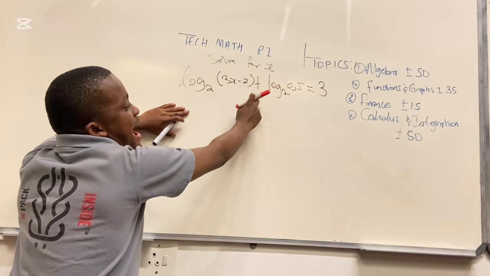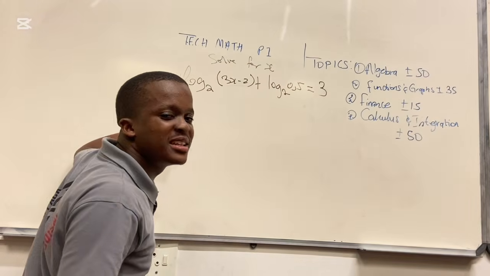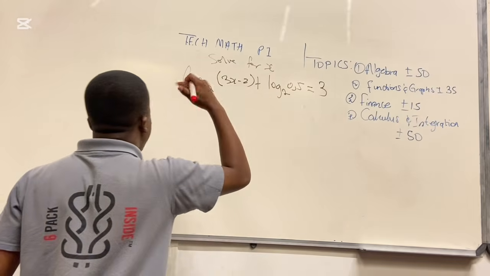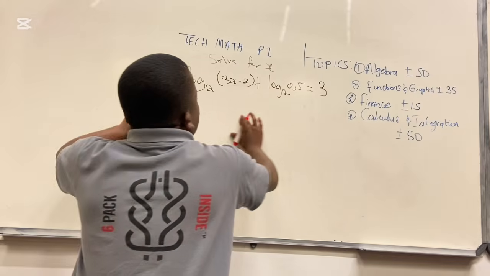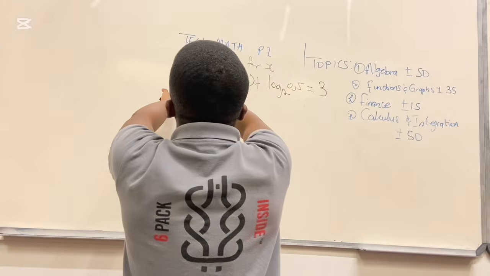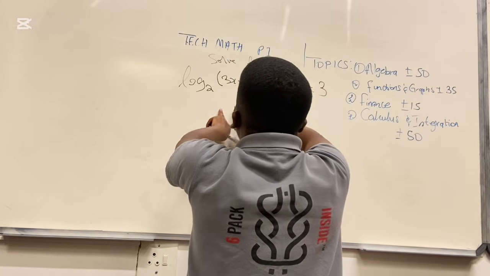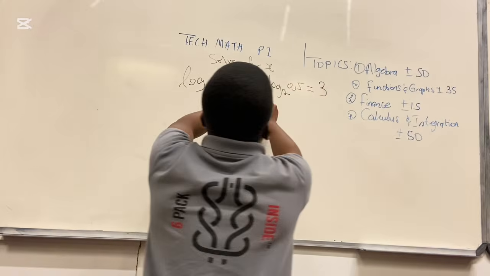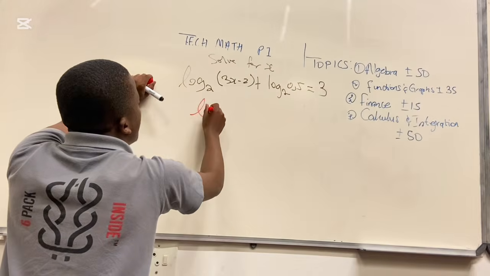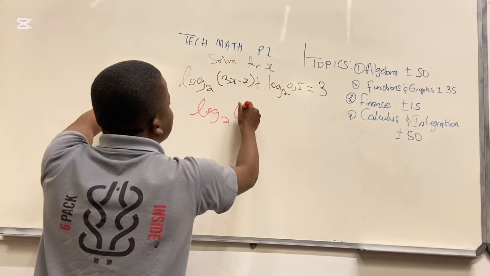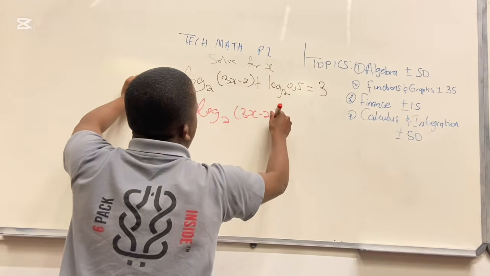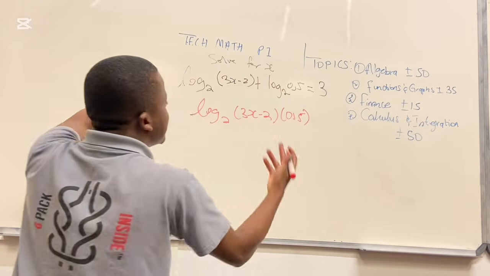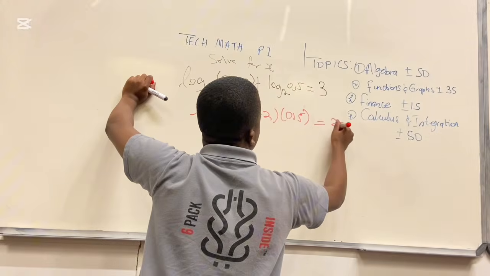What do we see here? I'm seeing addition. Addition means what? Multiplication. Let's go. Solve for x. You look at what you are given: log base 2 of (3x minus 2) plus log base 2 of 0.5 is equal to 3. Addition, multiplication. We have log base 2 of (3x minus 2) times 0.5, because this is multiplication, using the properties, equal to 3.